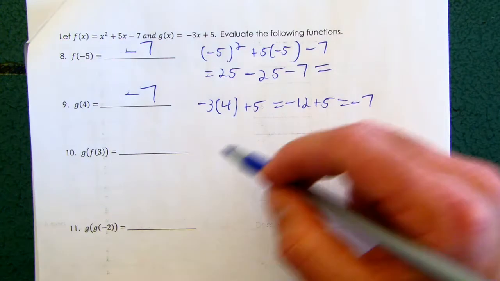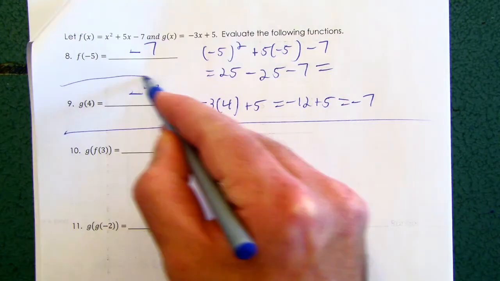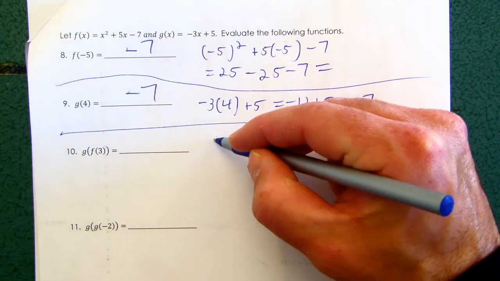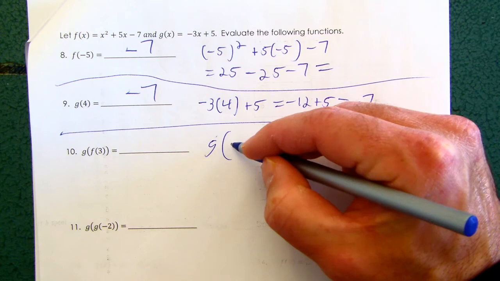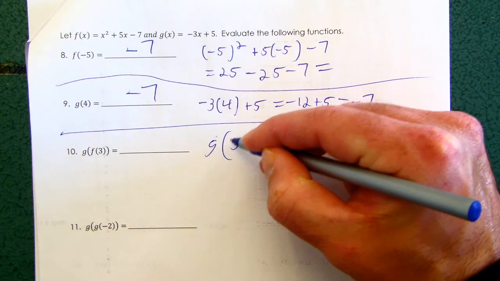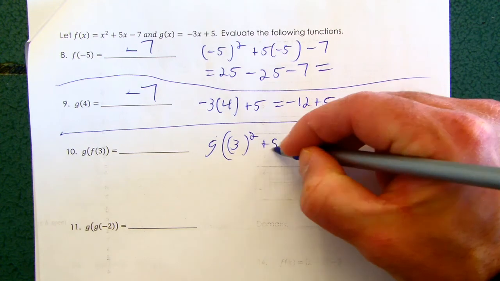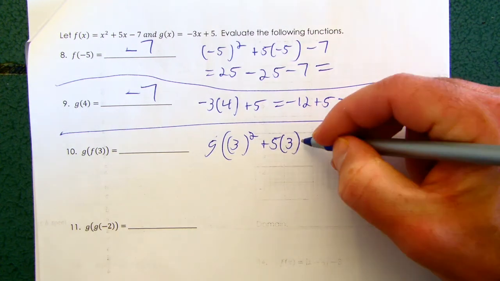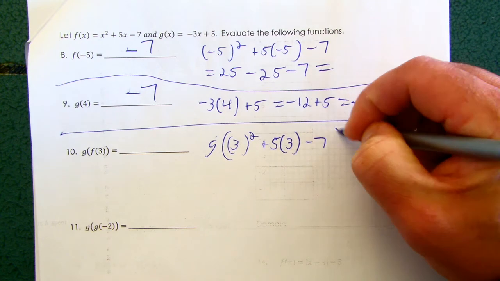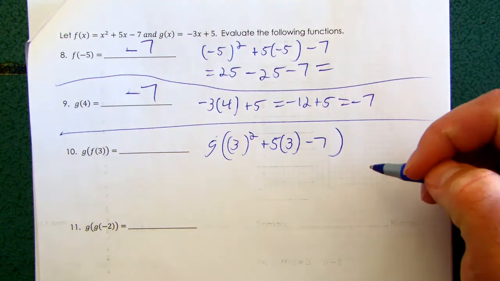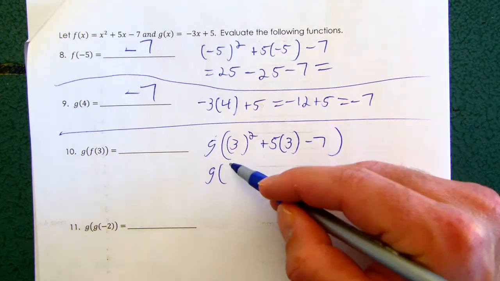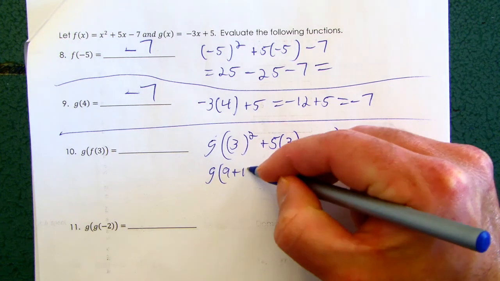So g of f of 3, this is where you had to figure out one function, then the next. So we're just going to leave g alone. We're going to figure out f of 3 first. So it's going to be 3 squared plus 5 times 3 minus 7. So 9 plus 15 minus 7.